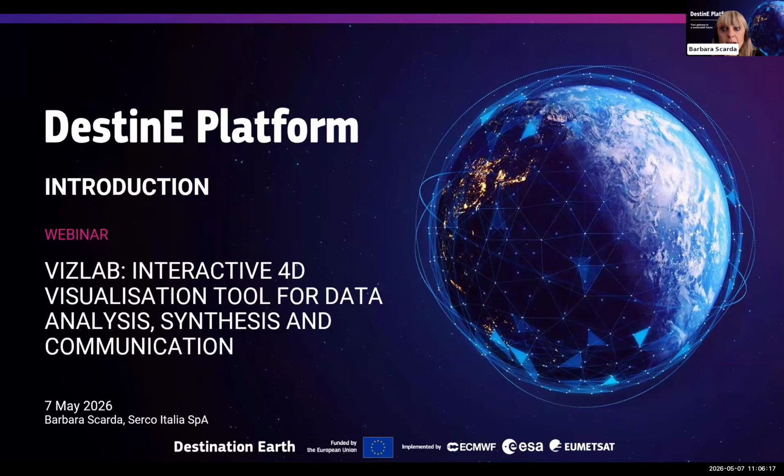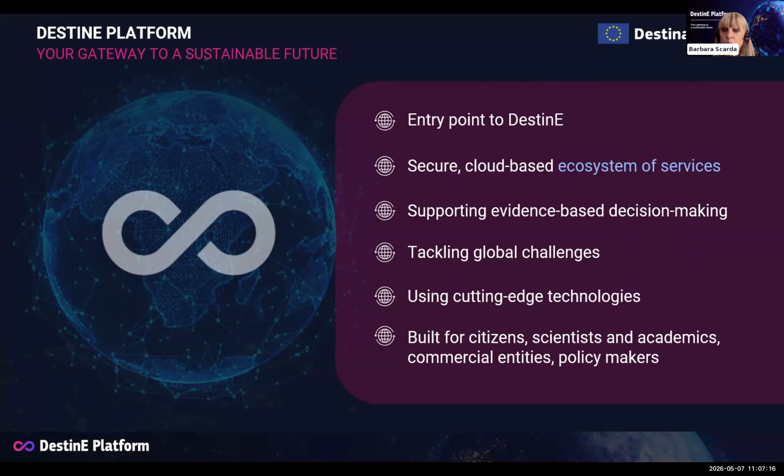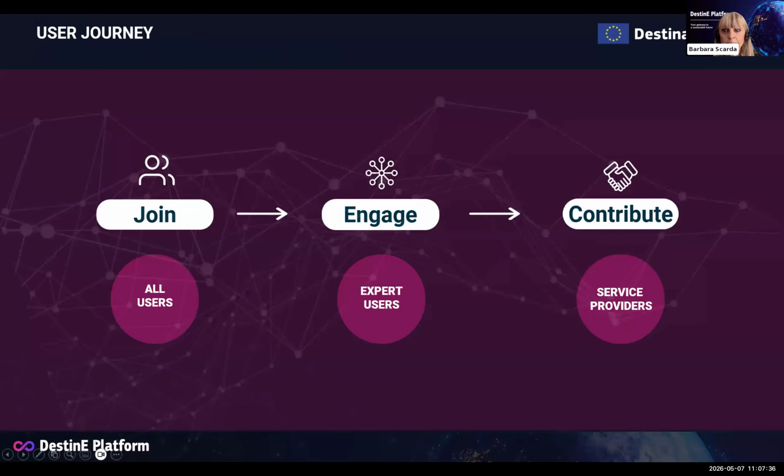It is designed to provide access to an ecosystem of services that support evidence-based decision-making. It tackles global challenges, that is, turning data into climate and environmental actions using advanced technologies. And it is built for a broad community that includes scientists, academia, but also policymakers and citizens, the general public.